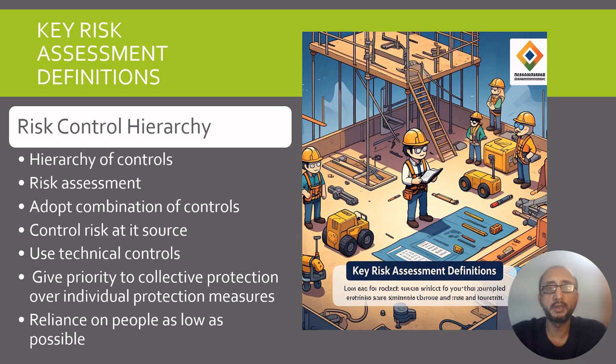Then control the risk at its source so it will be more effective. And it recommends using technical controls rather than controls that rely on people. Give priority to collective protection rather than individual protection measures. It suggests that reliance on people should be as low as possible, as controls that rely on people are usually less effective.